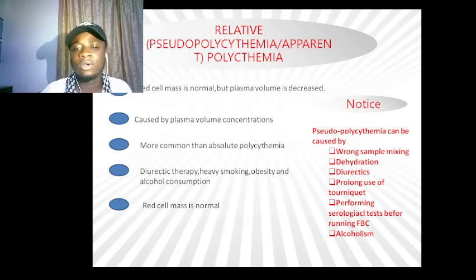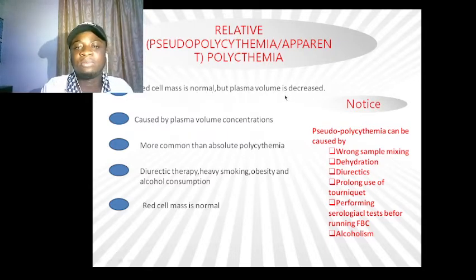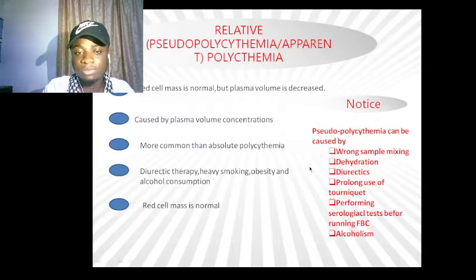So therefore, if you are dehydrated, it means you are going to lose water, and when you lose water, it means the plasma volume will also decrease, and it supports the fact that red cell mass is normal but plasma volume is decreased. So anyone who is dehydrated will also have problem with plasma volume, which will result in pseudo polycythemia.